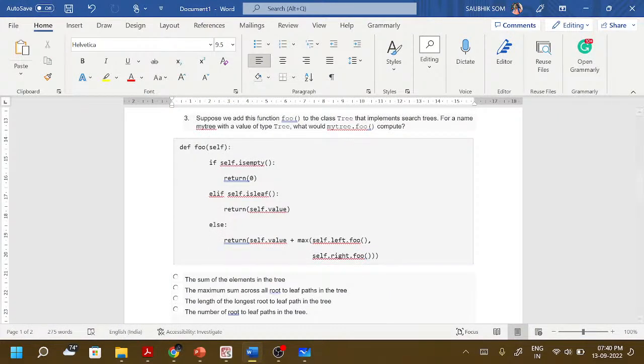What will it return? The sum of elements of the tree, the maximum sum across all root to leaf paths in the tree, the length of the longest root to leaf path in the tree, or the number of root to leaf paths in the tree. Can someone tell me the answer?